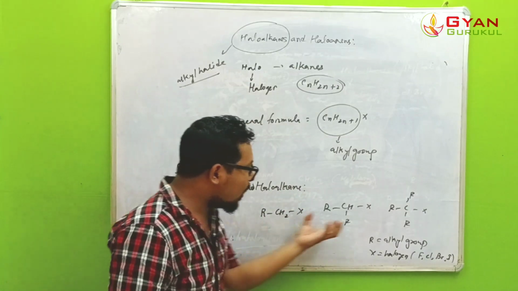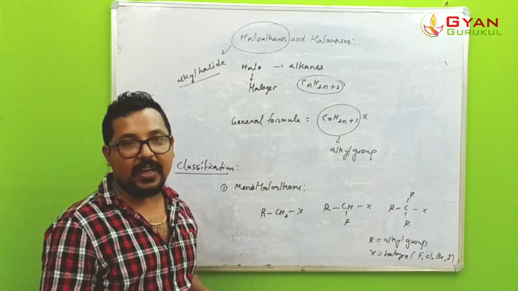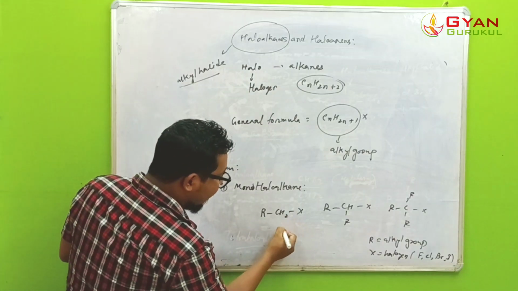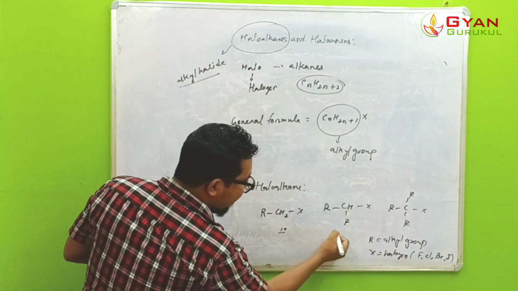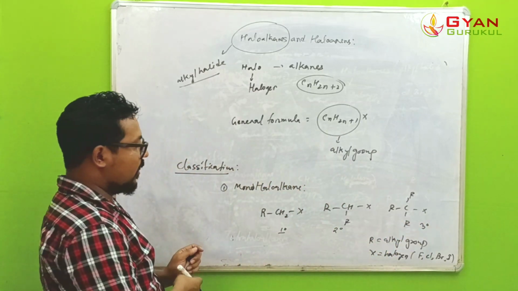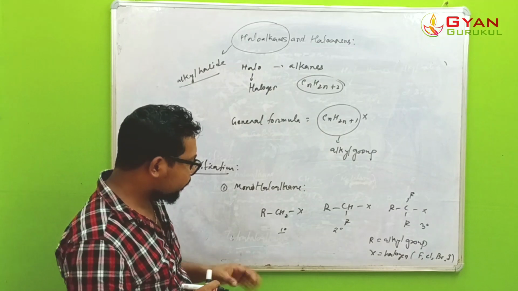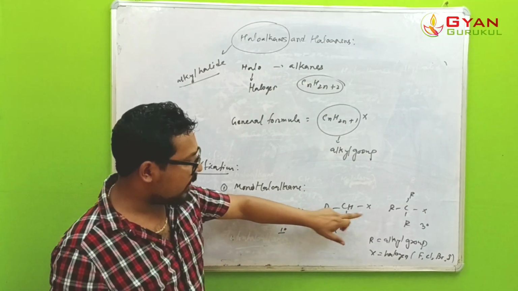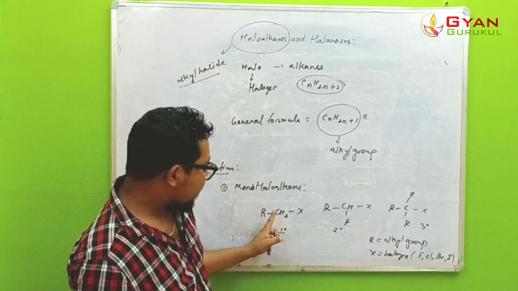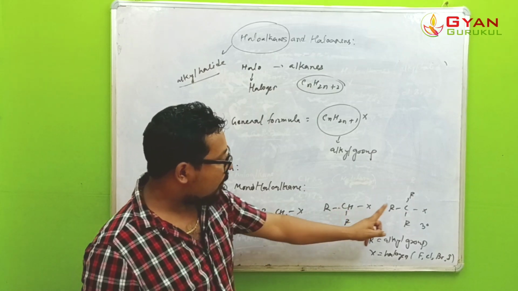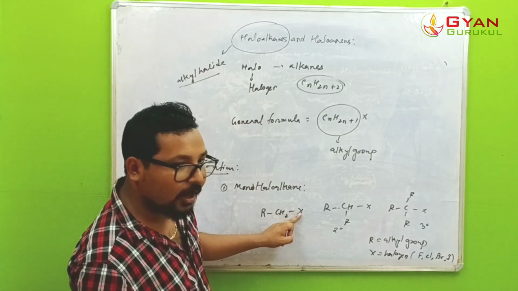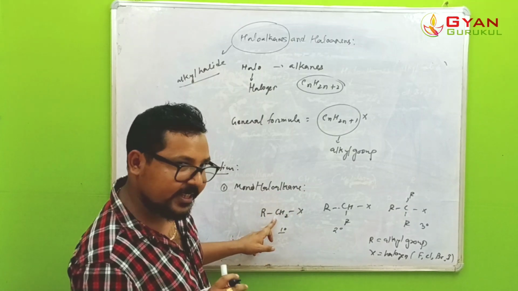All these haloalkanes contain only one halogen atom, and this kind of haloalkane is called 1 degree, or primary. This is 2 degree, and this is 3 degree: primary, secondary, and tertiary. How will you identify them? See the carbon atom bonded with the halogen. If it is bonded with 2 hydrogens, it is primary.